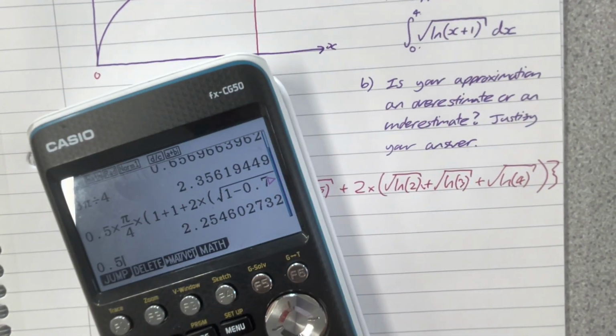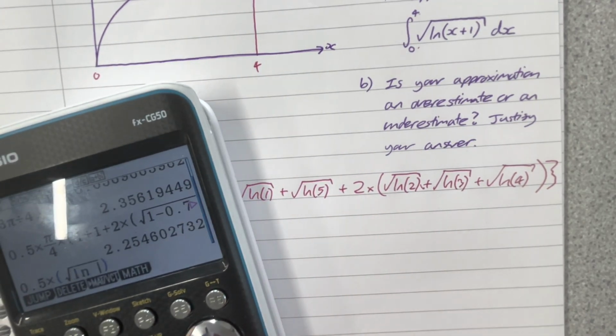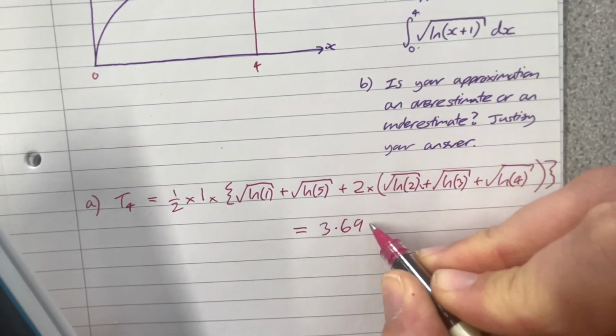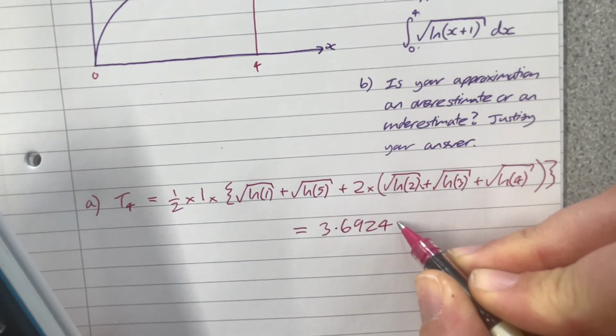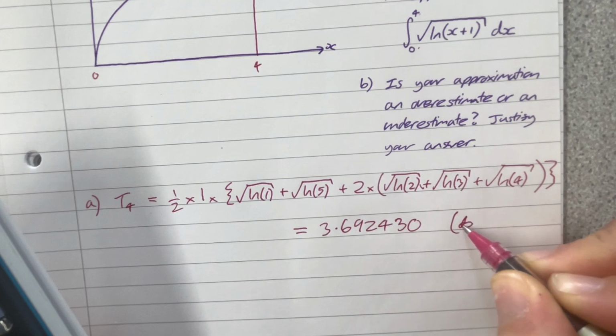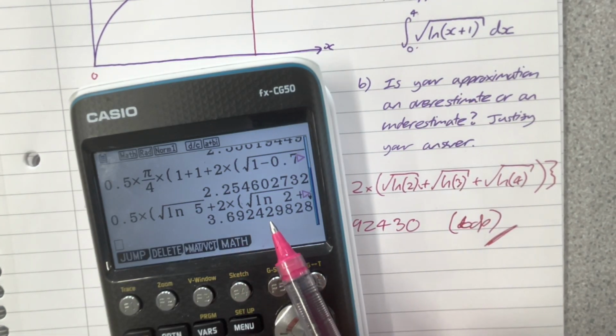So I'm going to get half times, log of 1 is just 0, so it's the square root of the log of 5 plus 2 times the square root of the log of 2 plus the square root of the log of 3 plus the square root of the log of 4. So T4 is 3.692430 to 6 decimal places.